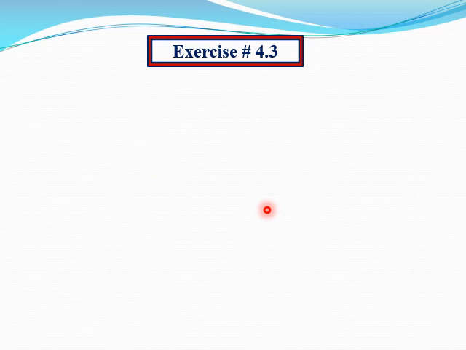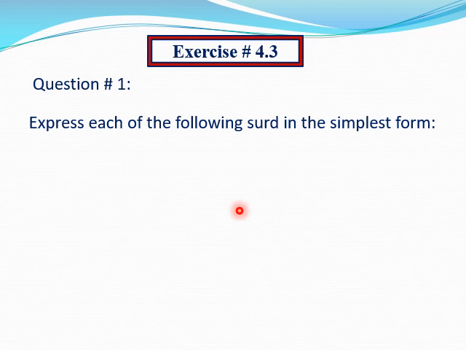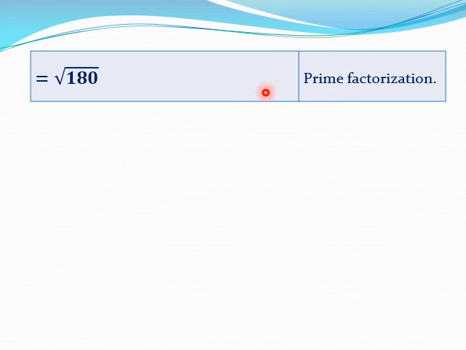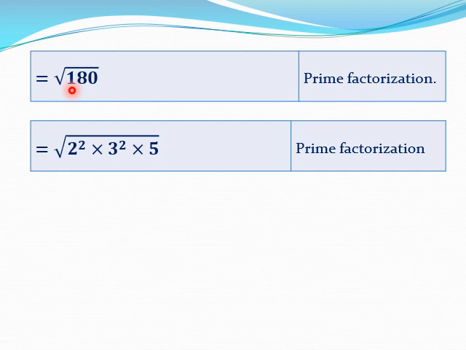Now exercise 4.3. Question number 1. Express each of the following surds in the simplest form. Part 1. Square root of 180. Solution. This is square root of 180, our given surd, and we are going to simplify it. First of all, we take prime factors of 180.